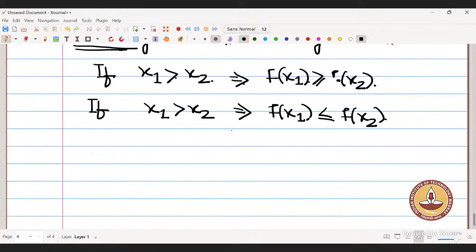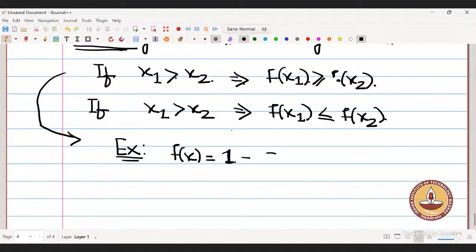As someone already said, let's consider the constant function, f of x equal to 1. This is an increasing function, because it doesn't matter what the values of x1 and x2 are, I'll always get equality. Similarly, this constant function is also a decreasing function.